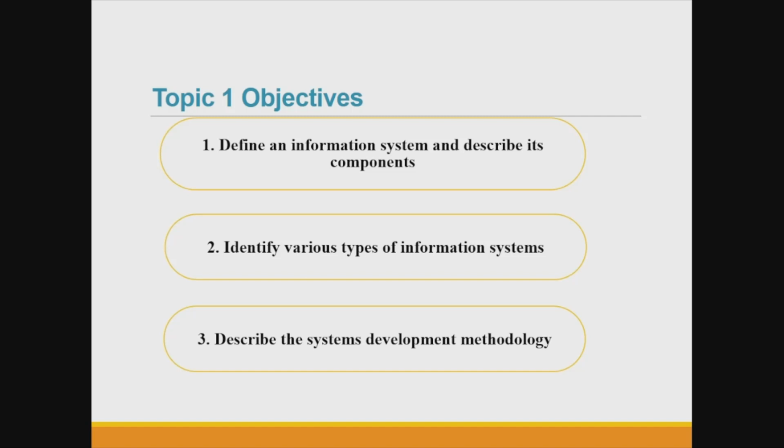Second, identify the various types of information systems that we have, for example, transaction processing and so on. And the third one, describe the system development methodology. In the system development life cycle, we have several methodologies. So we will go one by one.